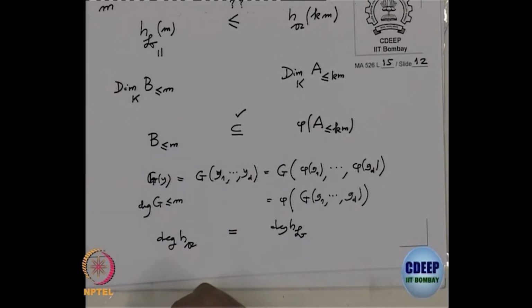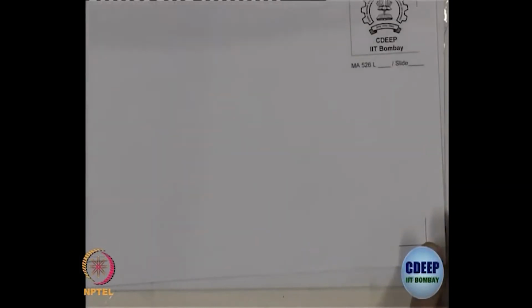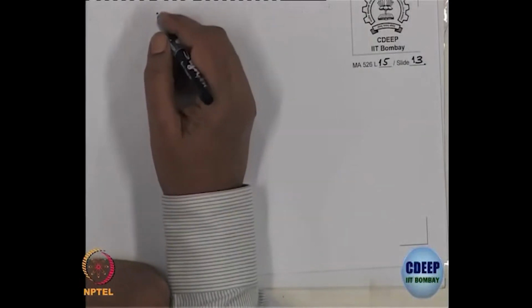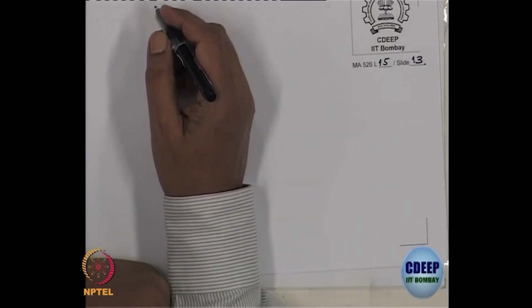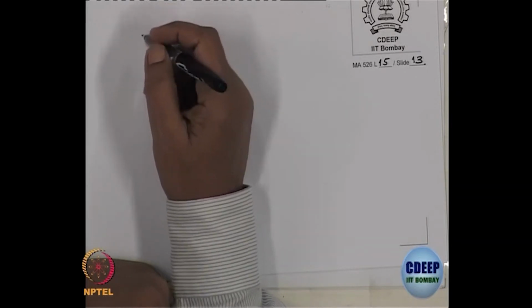So, we have proved that this degree does not depend on an algebra generating set for the finite type algebra. Okay. The next is, now we are almost done. Now use this degree. So, this degree gives on one hand the dimension of A and on the other hand the dimension of the graded ring.